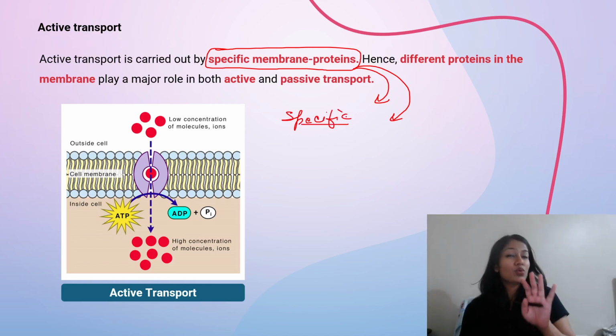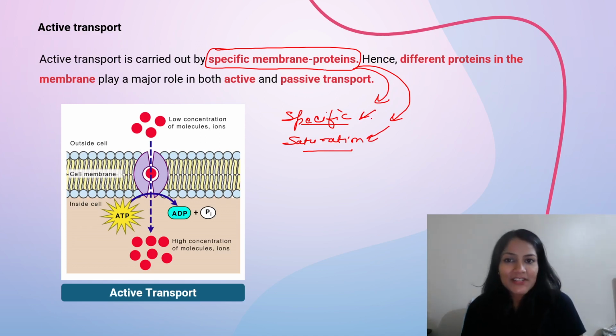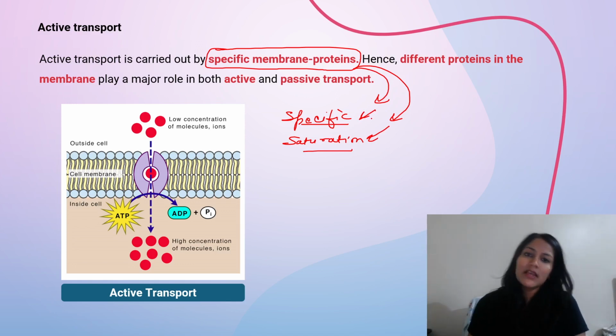It will transport only certain molecules, not everyone, and it will show saturation. Yes, because carrier molecules are involved, saturation will be present. So active transport is carried out by specific membrane proteins. Because of membrane proteins, it is specific in nature. It will transport a specific molecule, and we can see the process of saturation.